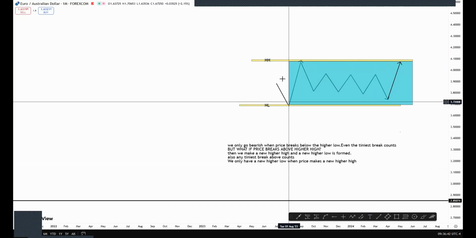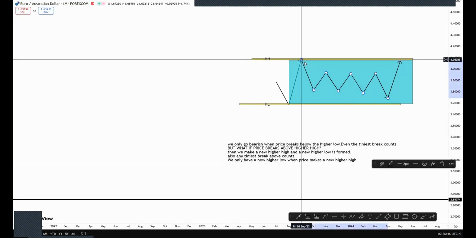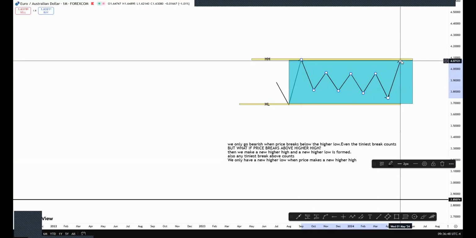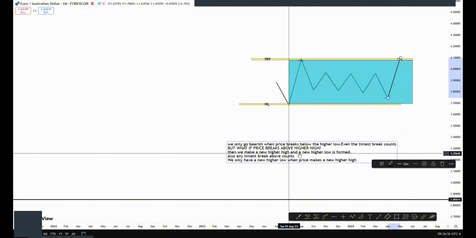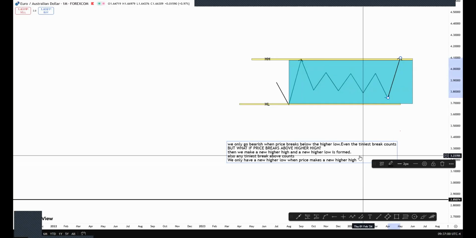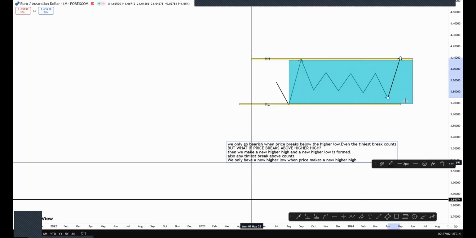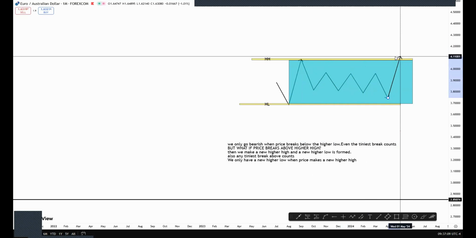So if price breaks above this level, then price has just made the new higher high, right? Then we make a new higher high and the new higher low is formed. Okay. And any break above counts. So this break here will count because I won't do a huge breakout. Just do something small so you can know.